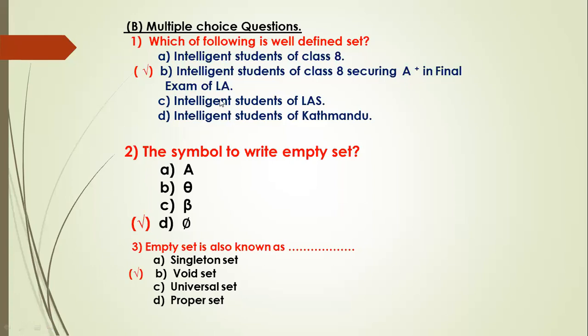Here the criteria of A plus is given, that's why it is the well defined object. The symbol to write empty set is this, phi. An empty set is also known as void set. Empty set is also known as void set, is the correct one. And similarly, look at the next one.